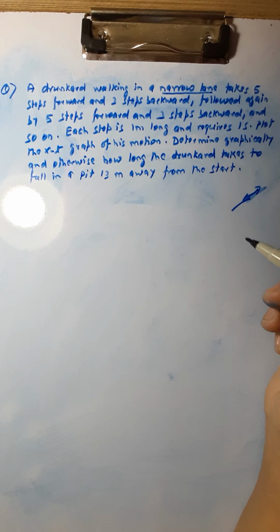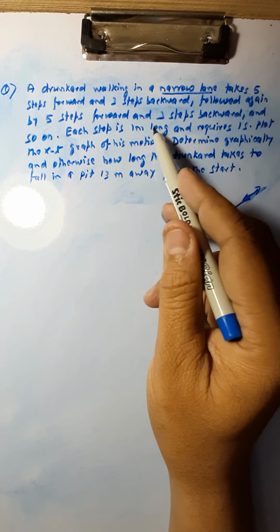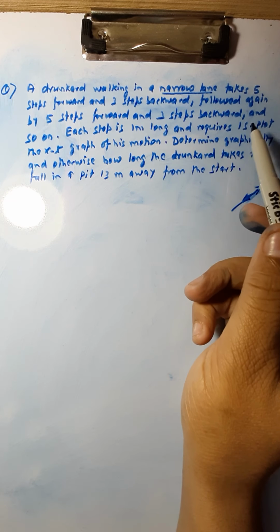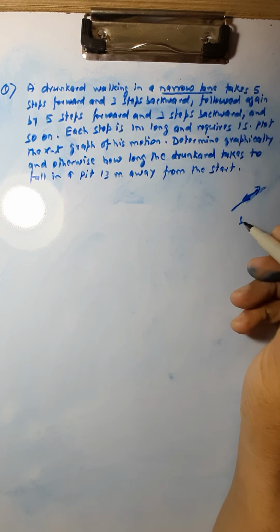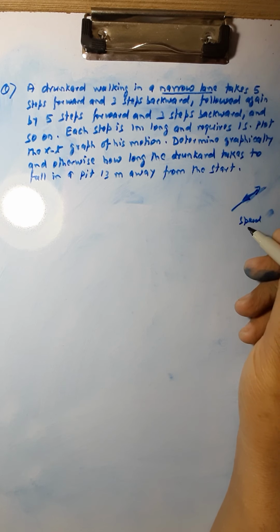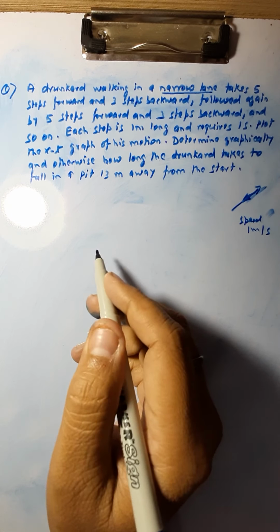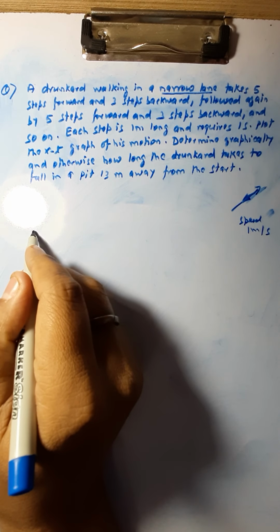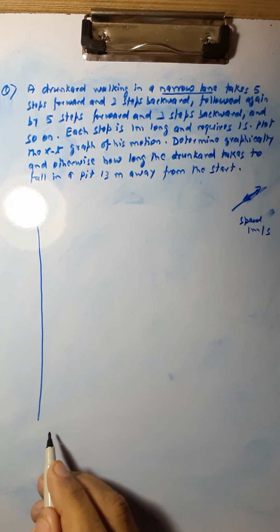Each step is 1 meter long and requires 1 second. That is, the speed of the drunkard is 1 meter per second. So we would like to plot his motion on the x-t graph.